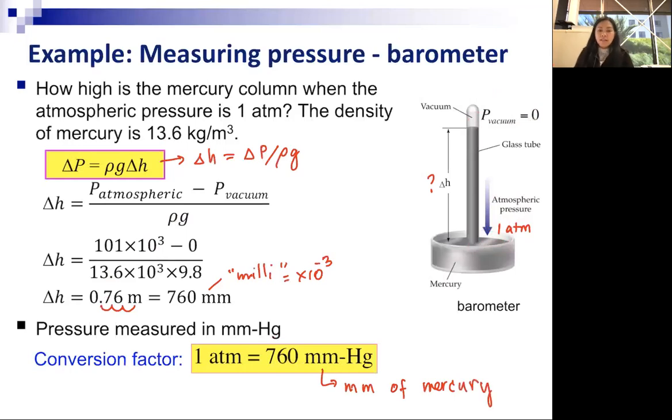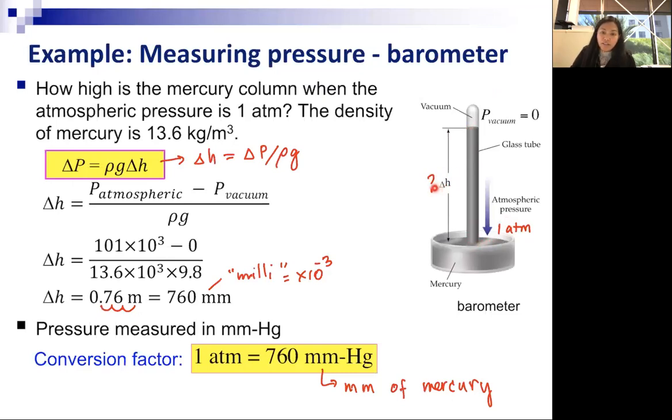Hg, of course, is the chemical symbol for mercury. And this conversion factor arose from our calculation, which means that if there is 1 atmosphere of pressure pushing down on the surface of the mercury container, then the mercury in the tube will rise by a height of 760 millimeters.